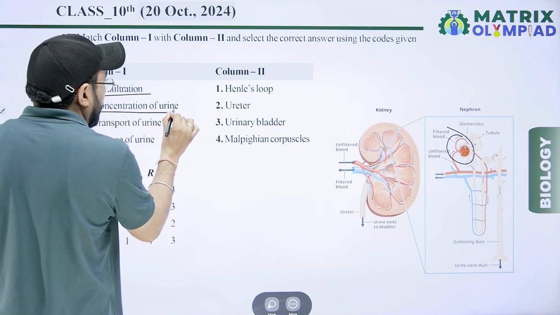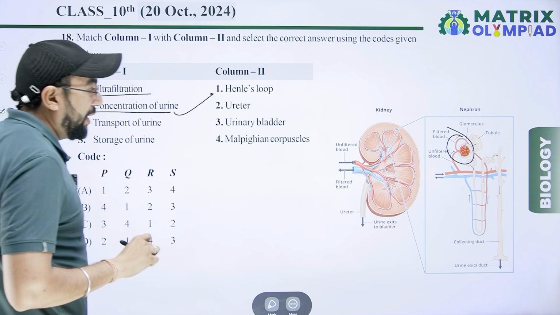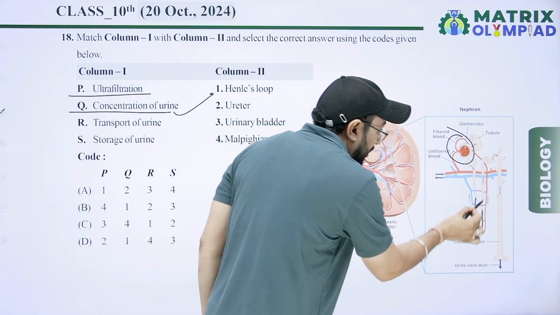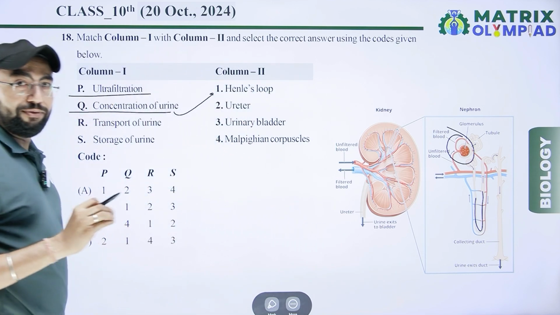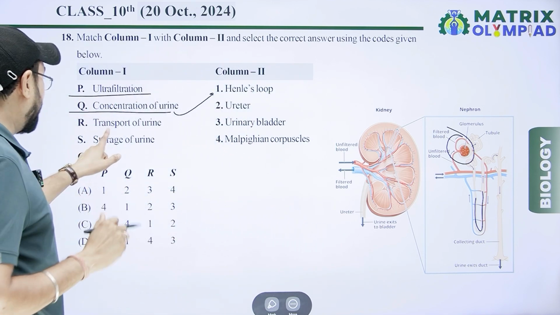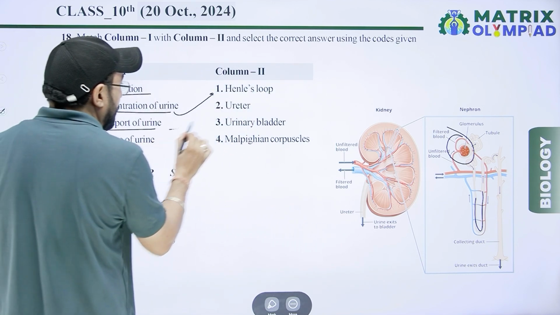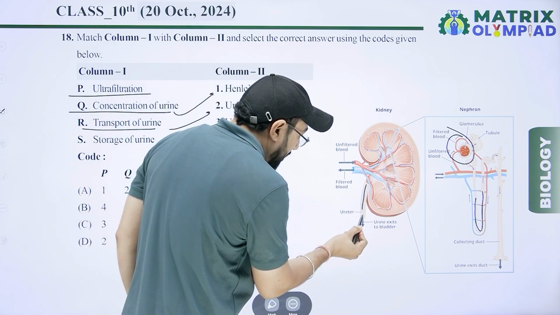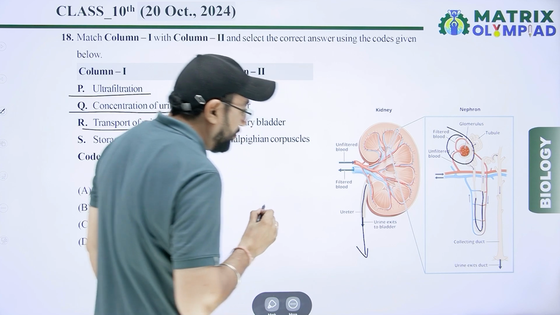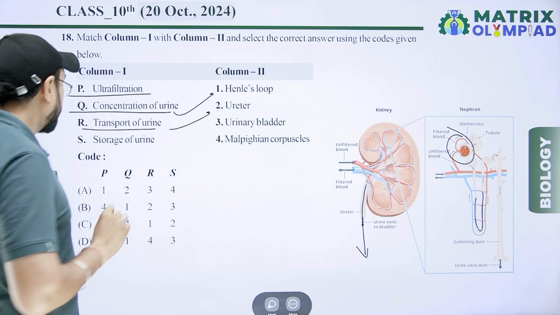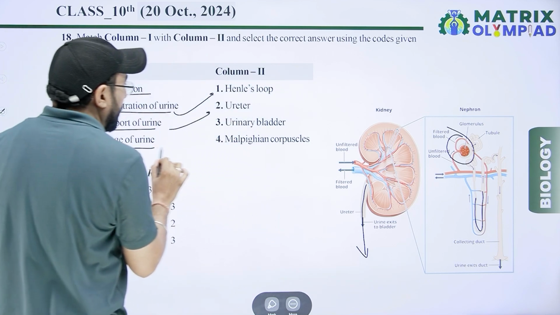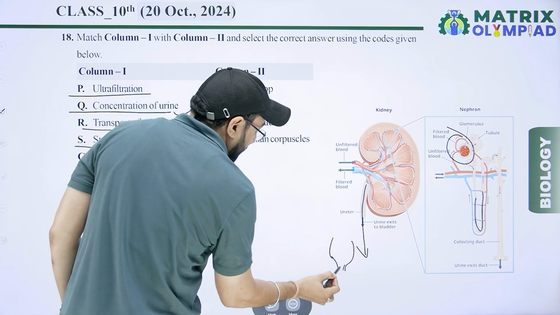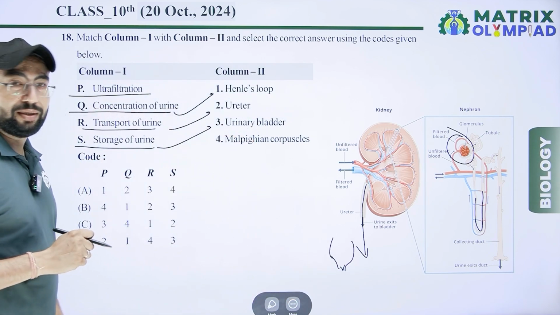Concentration of urine is related to Henle's loop. Henle's loop participates in concentration of urine. Next, transport of urine from kidney to urinary bladder is by ureter. Storage of urine is in the urinary bladder, a structure that stores urine.